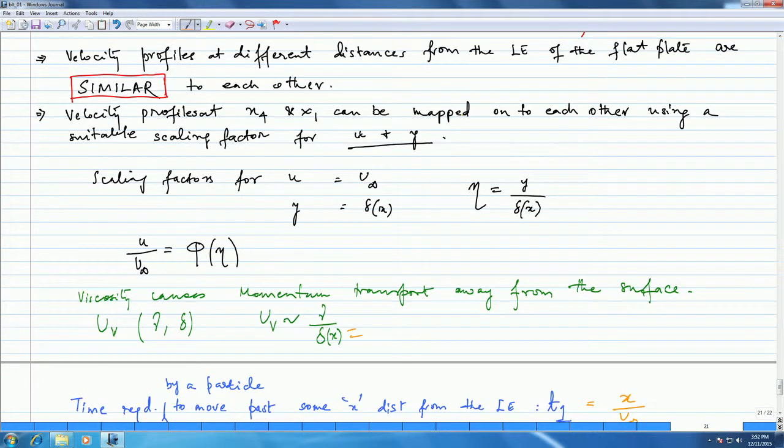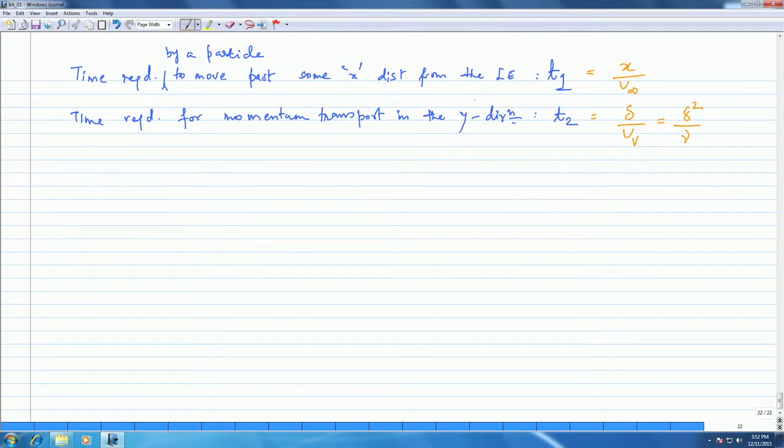So when I set t1 equal to t2, what do I get?